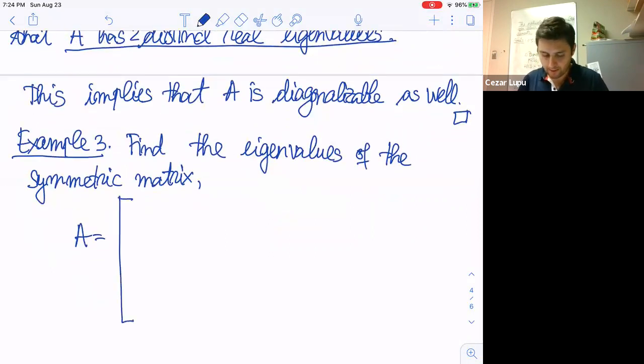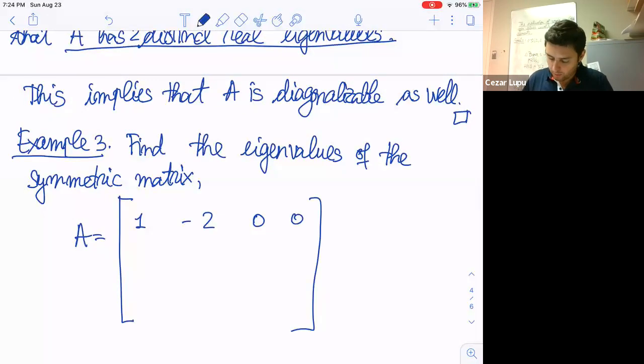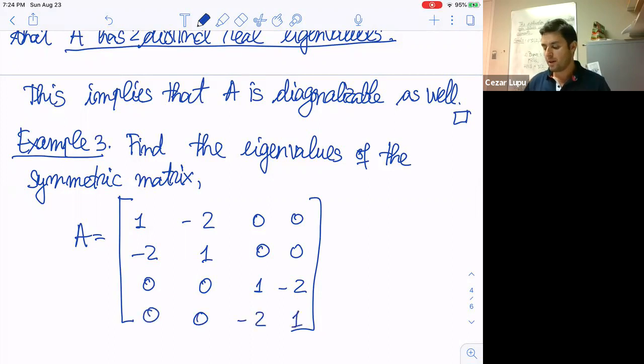Let's look at it with 1, -2, 0, 0. That's the first row. The second will be -2, 1, 0, 0. Then 0, 0, 1, -2. And now it's quite clear what to put on the last row, so it will be 0, 0, -2, and 1. This is a 4 by 4 symmetric matrix.